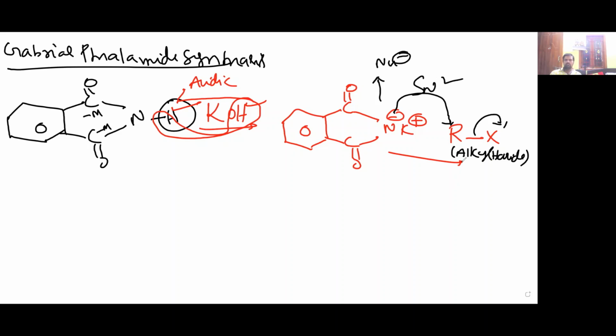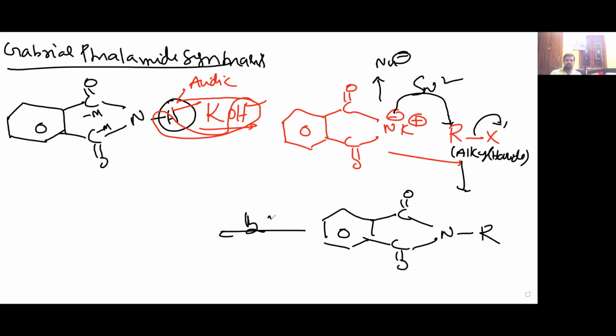SN2 reaction. Then what will be the product? This is C double bond O, C double bond O, N R. This is called an N substituted amide.